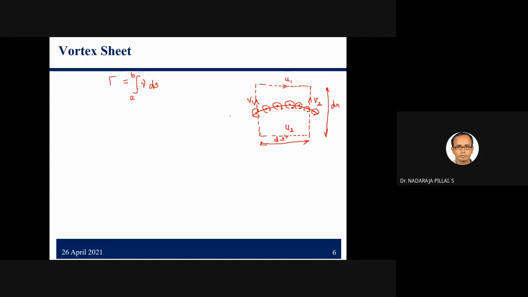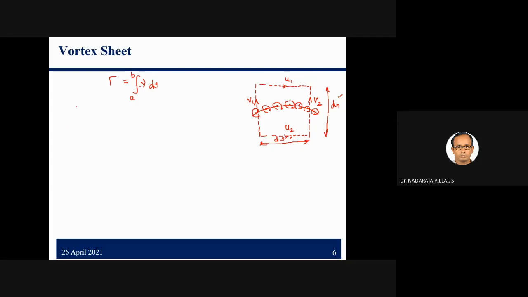So the velocity components tangential to top and bottom of the rectangular path are u1 and u2, and tangential to left and right are v1 and v2, and they are separated by a distance dn and ds. So this is actually the tangential velocity jump across the vortex sheet.